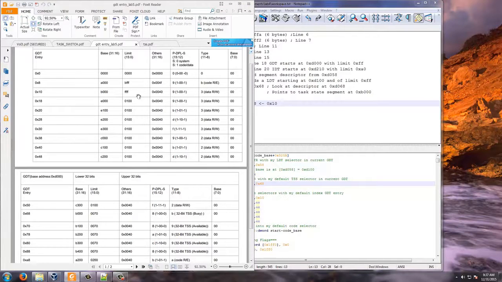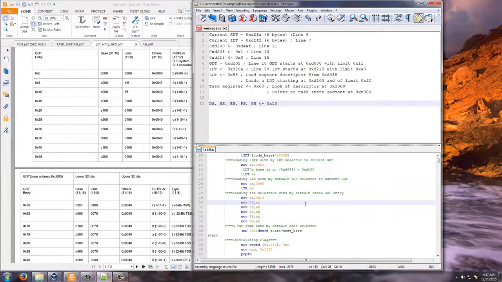B1000 is base, FFFF is limit, and it is type data read write, and it is privilege 0. So base is 0xB000, and limit is FFFF. And this is for all, and this is done by lines 29 to 34.